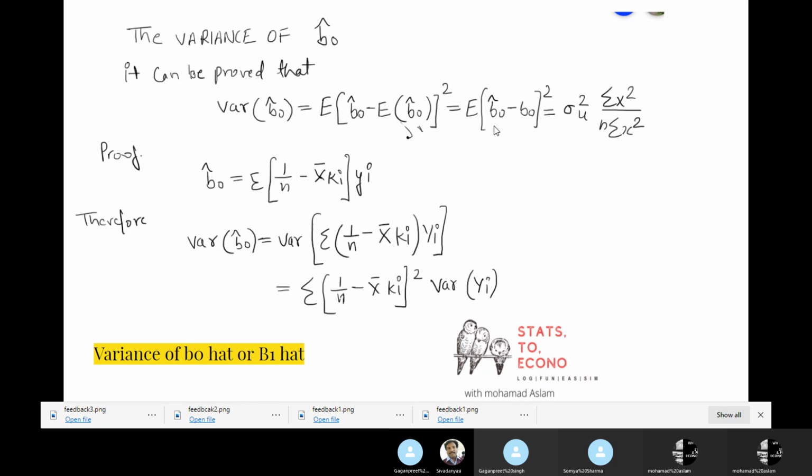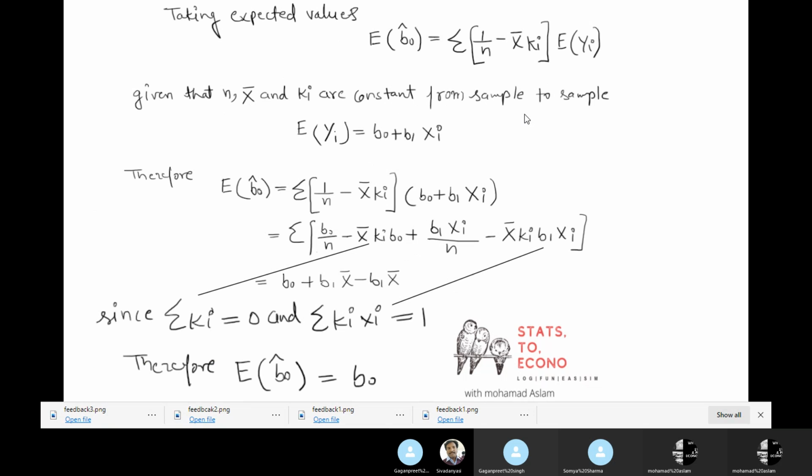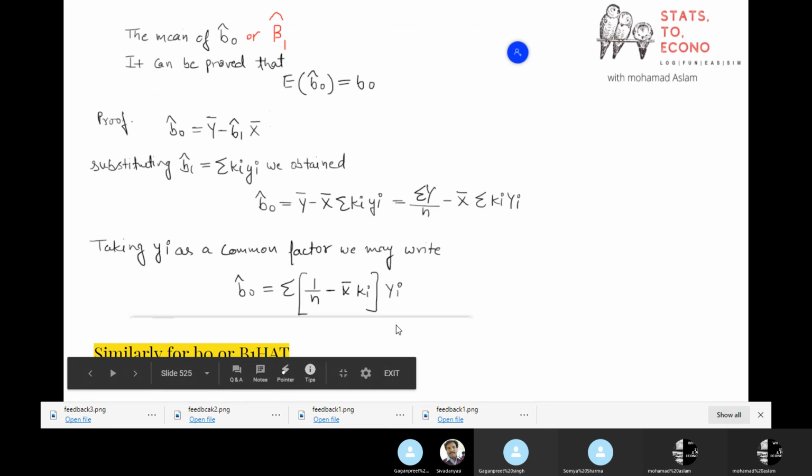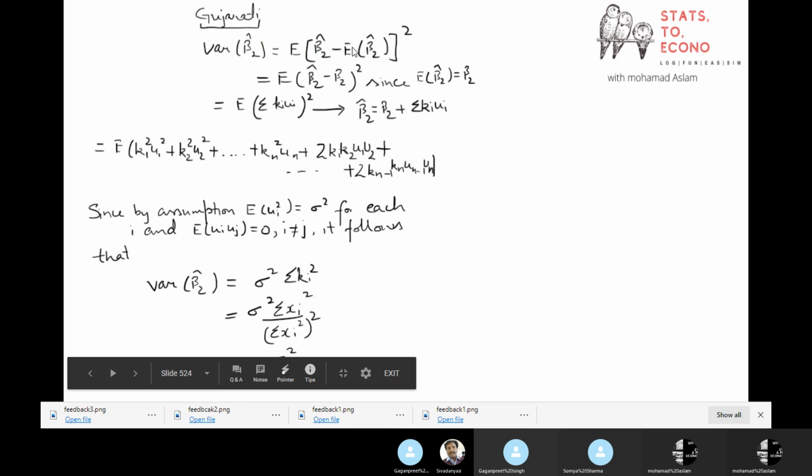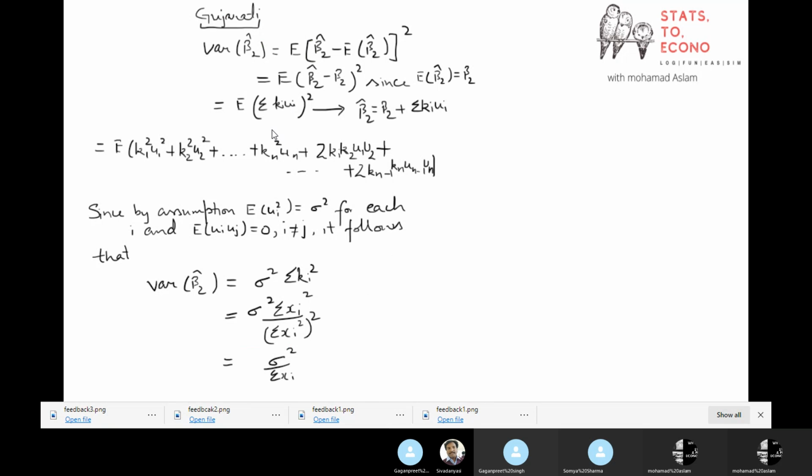In the last equation, we have beta 0 hat minus beta 0. If you go by the Gujarati method, then you put the value of beta 0 hat minus beta 0 as the residual term that will appear here, like we did for the beta 1 slope coefficient.